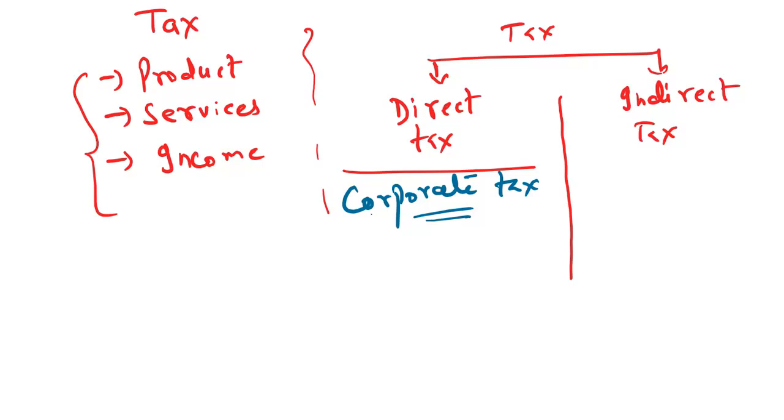So the business himself is going to pay corporate tax in the business's own name. That is called what? Direct tax system, and corporate tax comes under this mechanism.